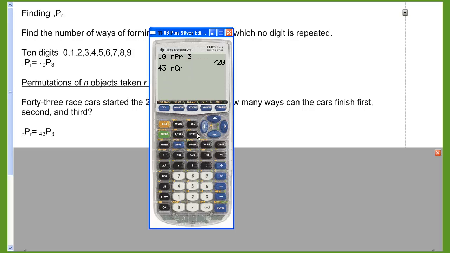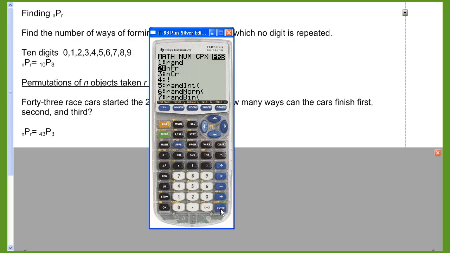Excuse me, I put the wrong thing there. So let me back up. And I'm going to go 43 and math over to probability and down to permutation. Sometimes when you're doing this with the calculator and the mouse, it will move down faster than you'll click and it doesn't move.